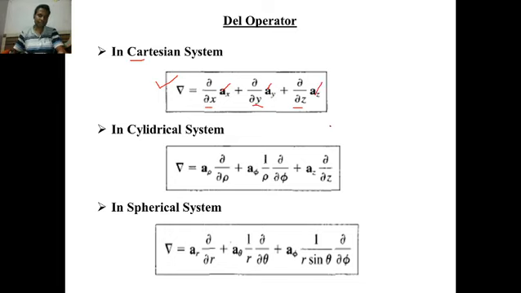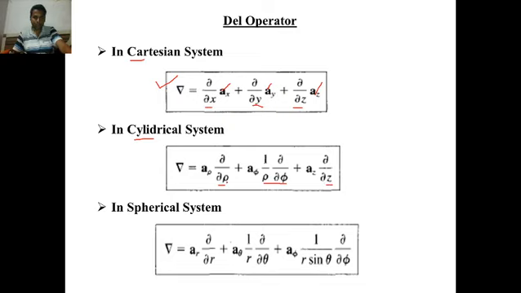How would you memorize the cylindrical coordinate system formula? You know that the differential lengths of the cylindrical system are dr, r d phi, dz.